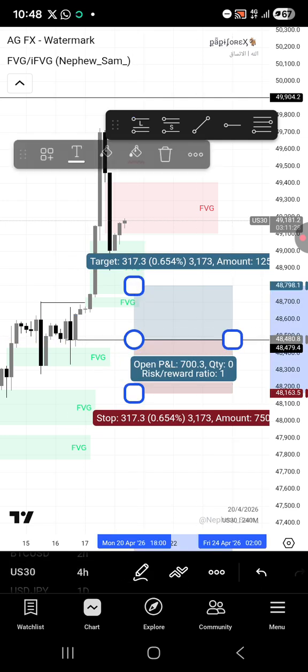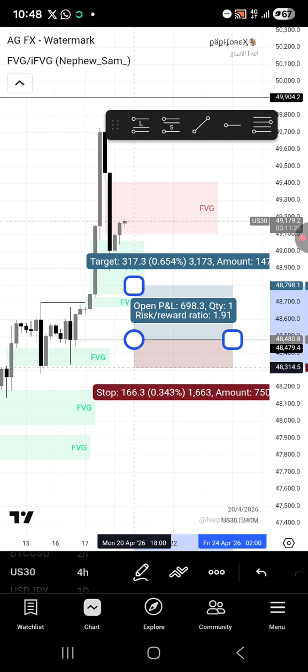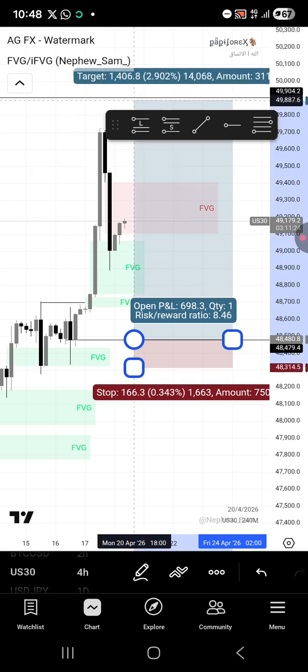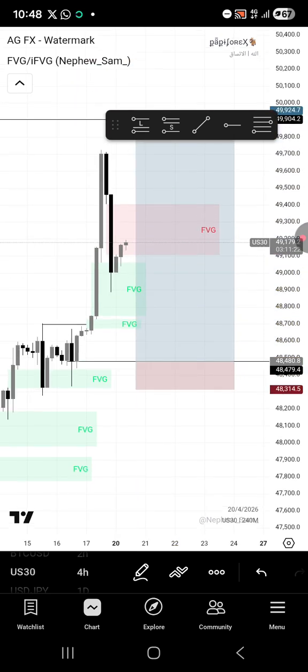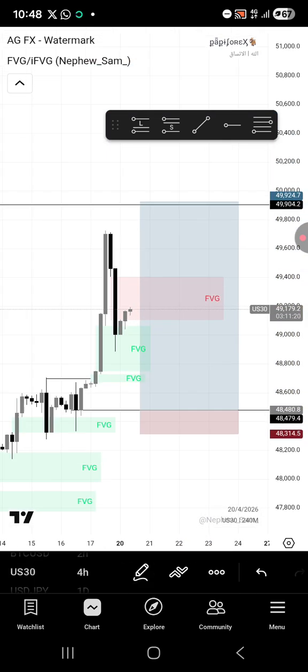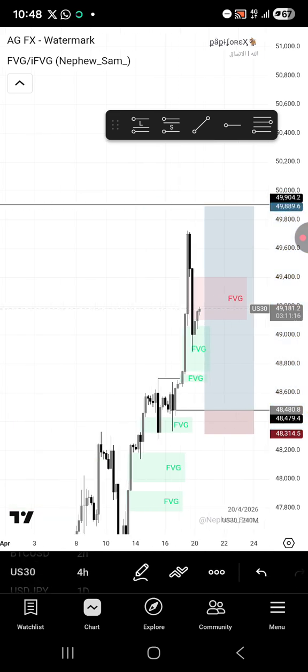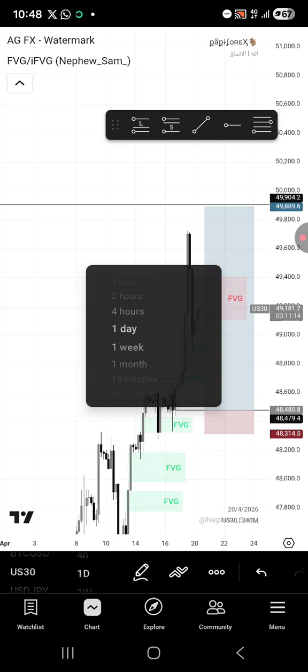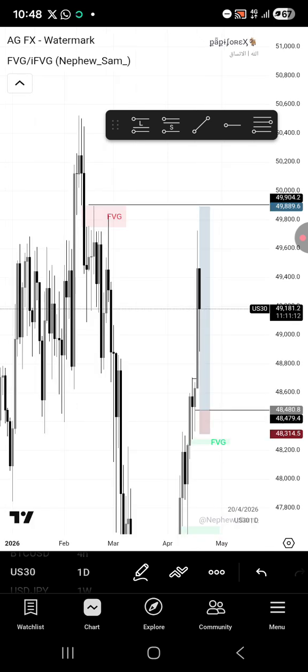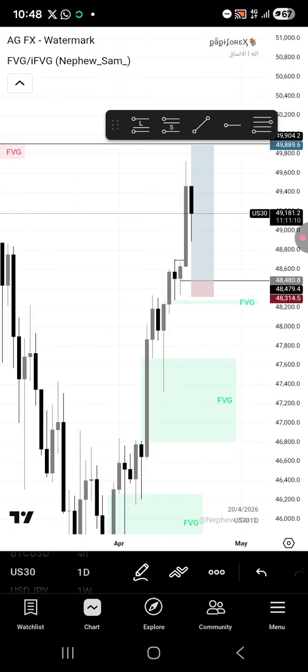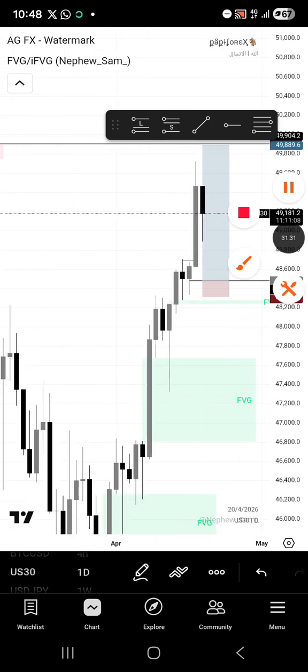My SL will just be below this area, then I'm going to buy to my drawn liquidity on my weekly time frame. That's just my plan on US 30, because price reacted on this fair value gap already.